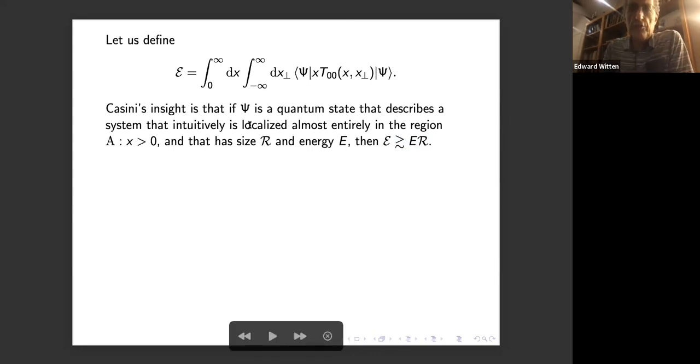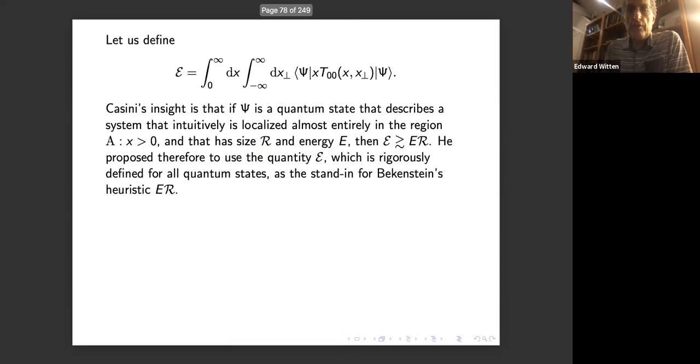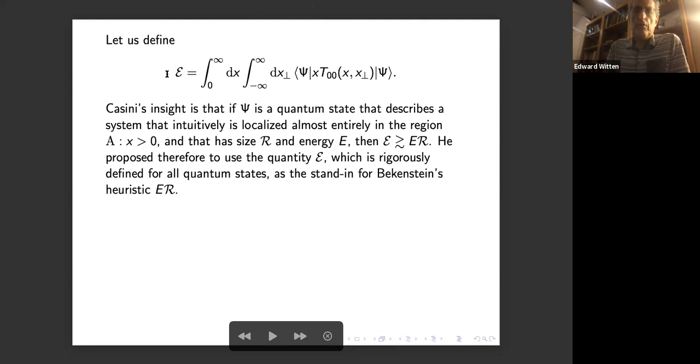That depends on exactly what you meant by localized almost entirely and so on. So Casini's idea was that the heuristic ER of Bekenstein should be replaced by curly E. See, if a system has energy E and is located at x equals A, let's say, this integral is approximately E times A.